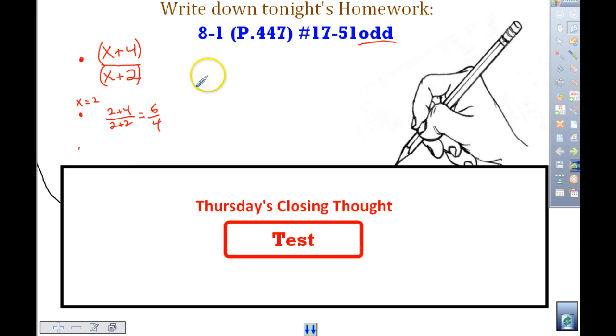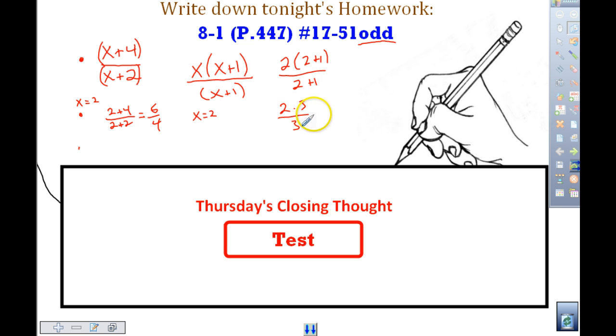As opposed to, well, we'll go through a few more of these. If I had something like this, if I plug in x equals 2, I'd get 2 times (2 + 1) over (2 + 1), which equals 2 times 3 all over 3, which would equal 2.